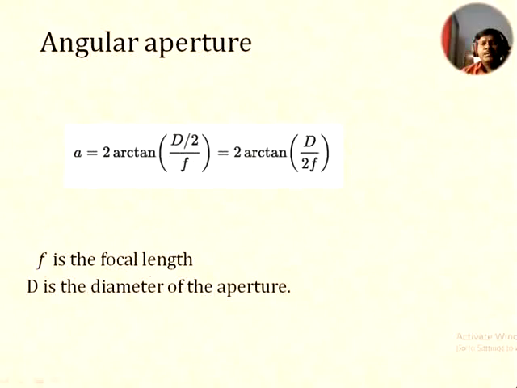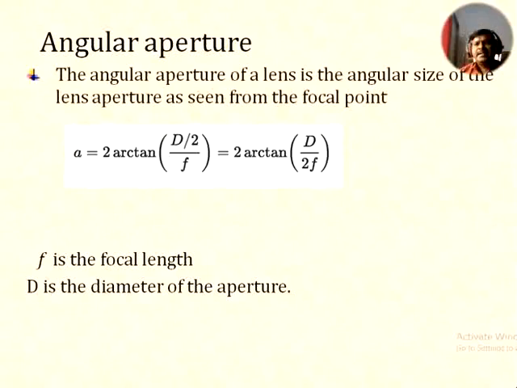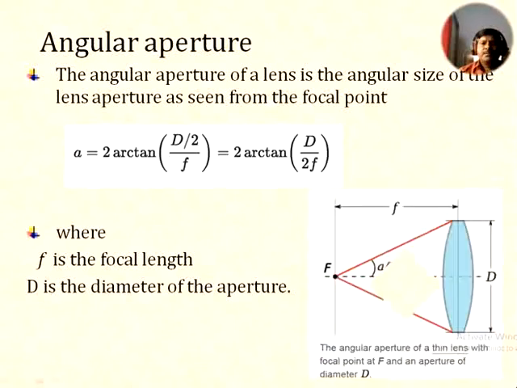Now the next is the angular aperture. The angular aperture of the lens is the angular size of the lens aperture as seen from the focal point. Okay, see, this is the formula to calculate the angular aperture.